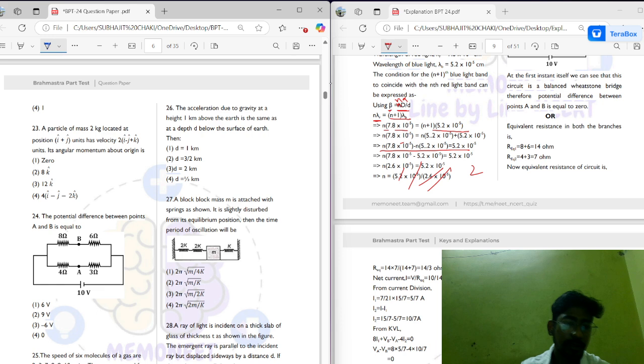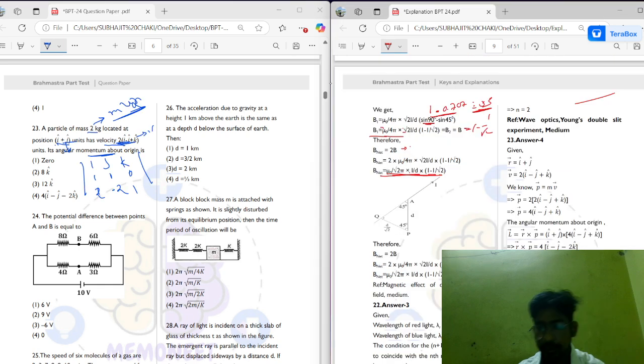So p equals m into v. First of all, you can calculate r into p, with i j k. So r into p will be equal to 4 into i minus j minus 2k.